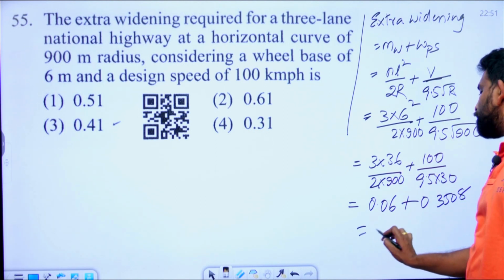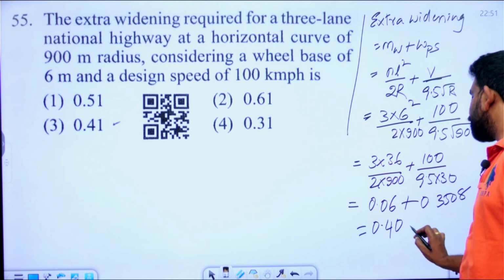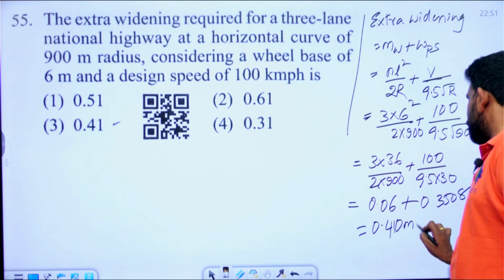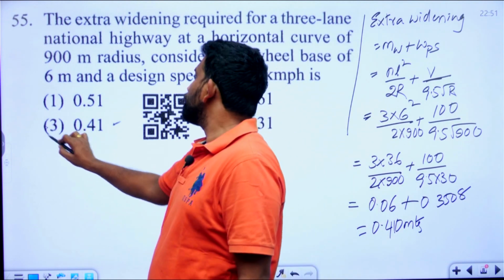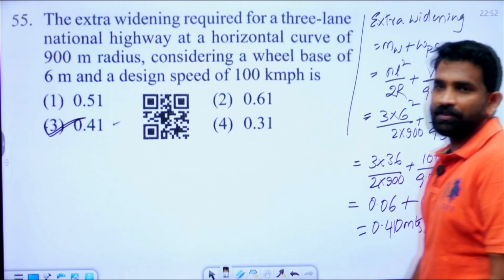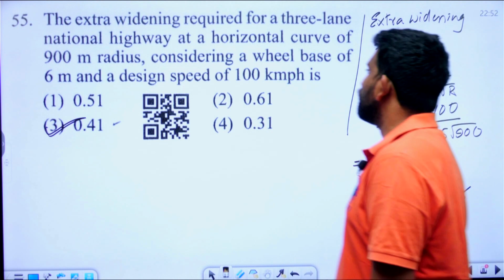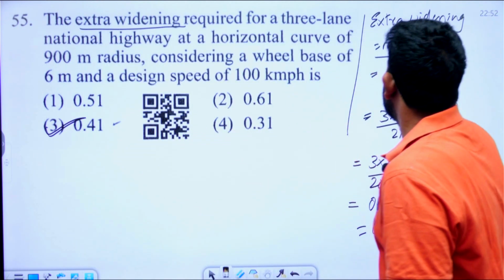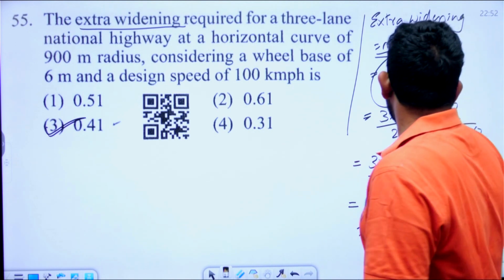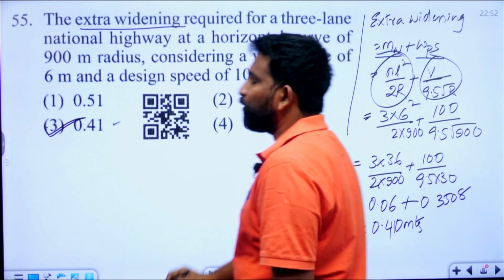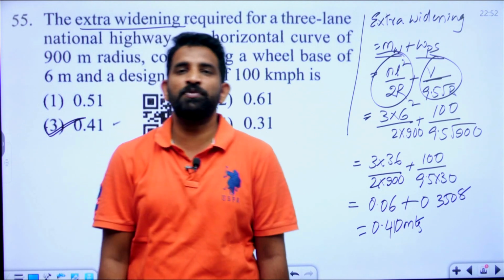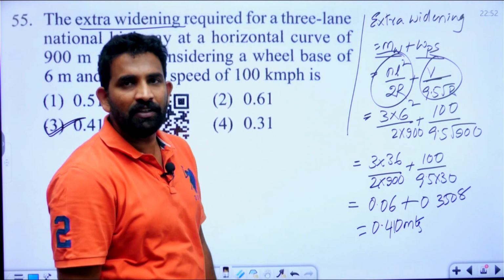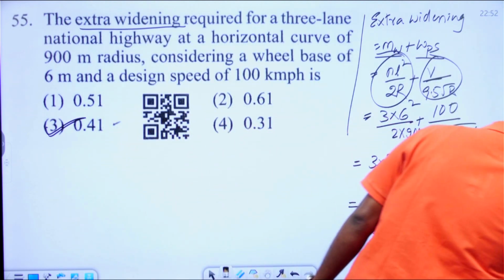This 0.410 will be the correct answer for this question. Because he is asking for the extra widening here, extra widening will be the combination of mechanical widening plus psychological widening. The formula for mechanical widening is nL squared upon 2R, plus psychological widening V by 9.5 root R. All the values were given. We just have to substitute those values here so that we will be able to get the answer clearly, right?